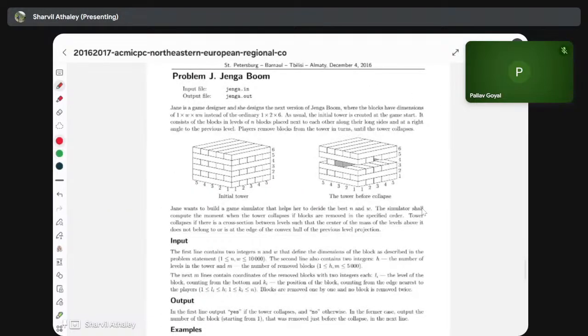In this problem, Jane is playing a Jenga game. Each row of this Jenga has n blocks, and the height of the Jenga is given as h.